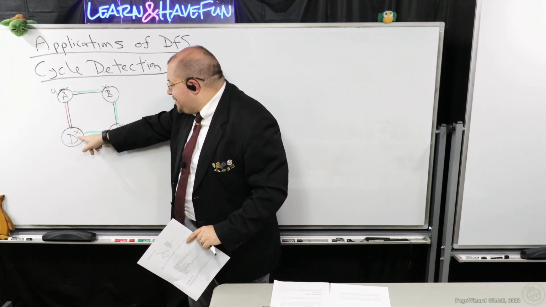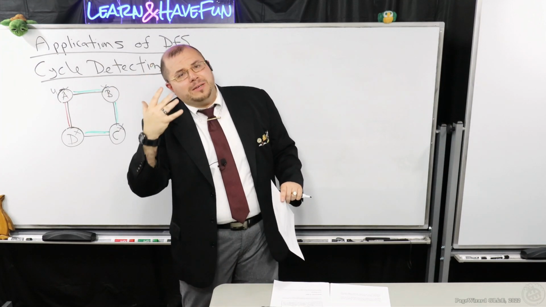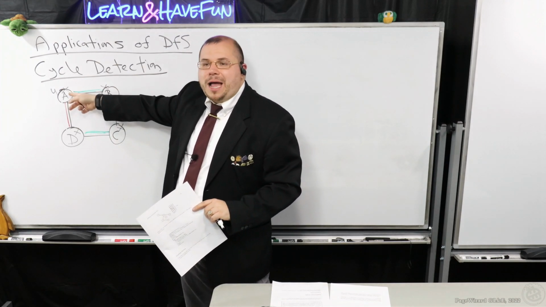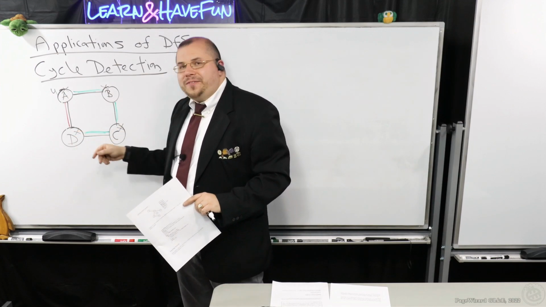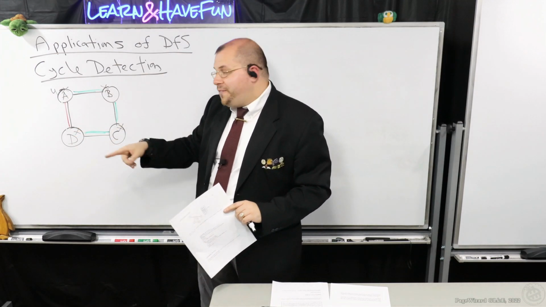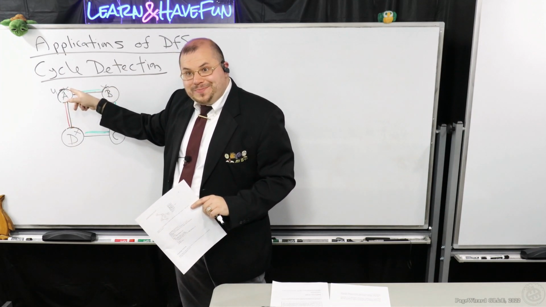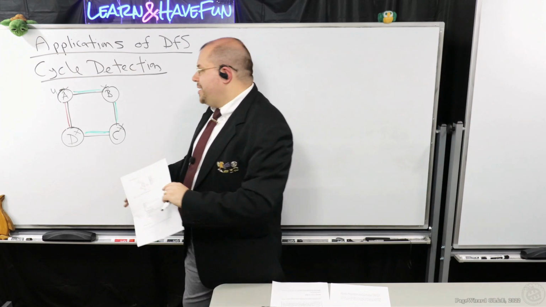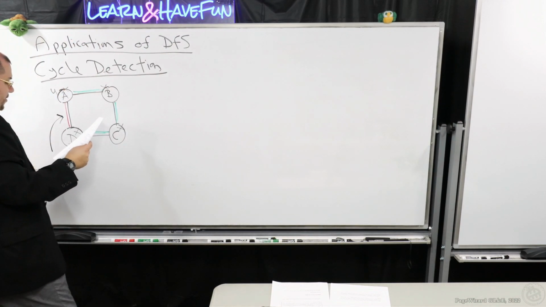So to find a back edge means, if we go back to our analogy about finding our way through a maze, it means I already went down this passage already. So I already went around this way. In fact, I can construct a cycle by following these forward edges to the back edge. So I can form a cycle constructively like this. So the presence of a back edge, I can use this to detect a cycle.